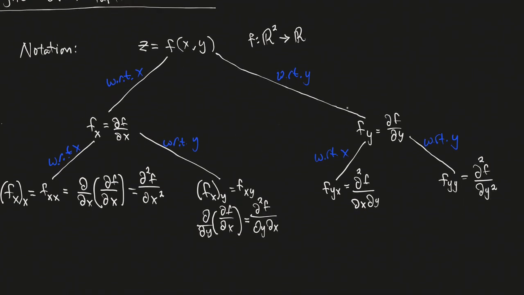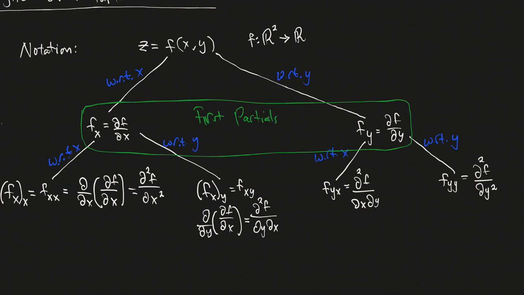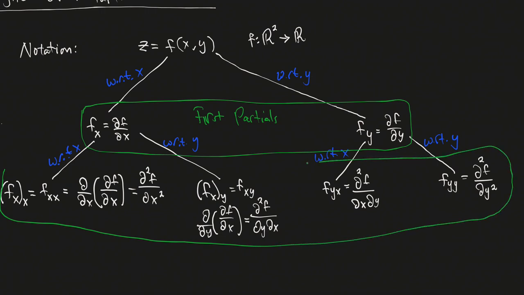This is my little tree diagram that shows all these. These on the first level right here are our increasingly more familiar first partials, right? And again, I'm just saying partials as an abbreviation for partial derivatives. And then these now are our second partials.